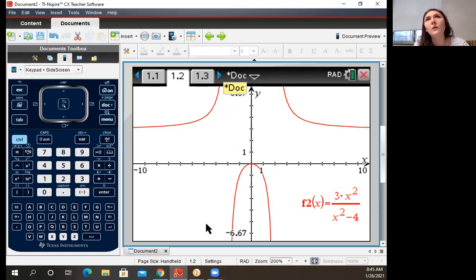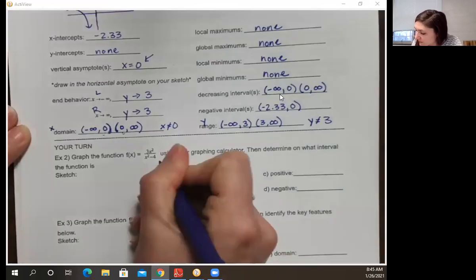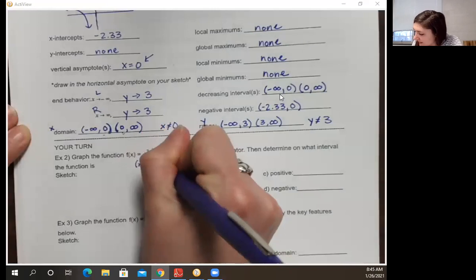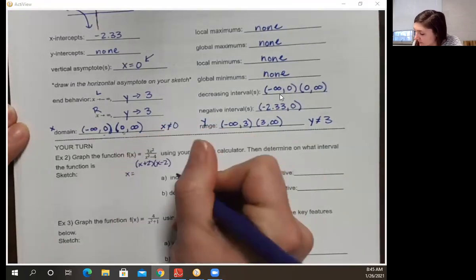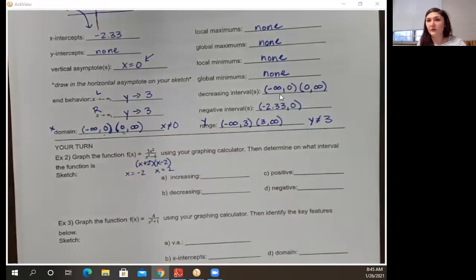So I need to know, where is this asymptote? I'm going to go back to my function, and I'm going to factor the bottom of this. So x squared minus 4 is the difference of squares. That would give me x plus 2 times x minus 2. And I would expect asymptotes at x equals negative 2 and x equals positive 2. Now I can check that on my graphing calculator.